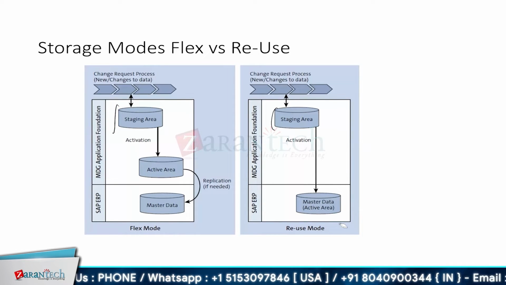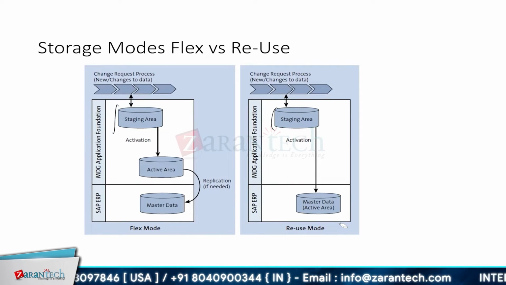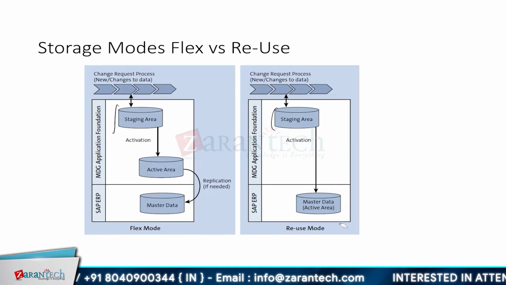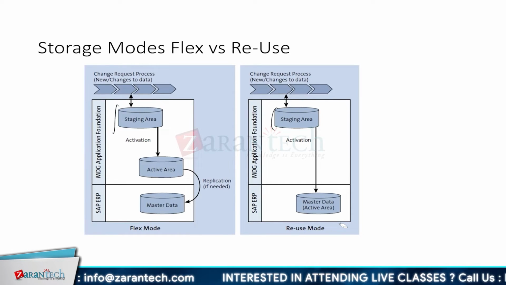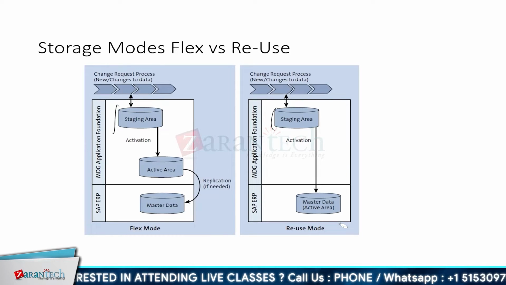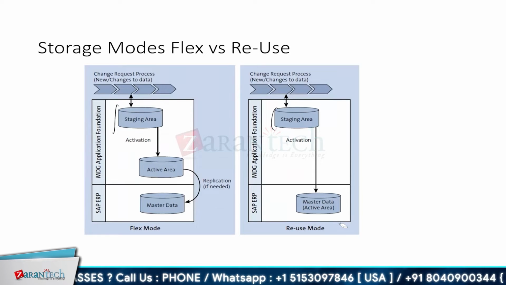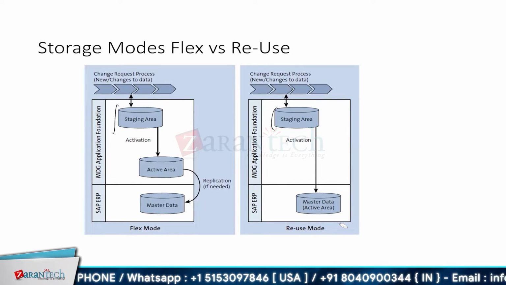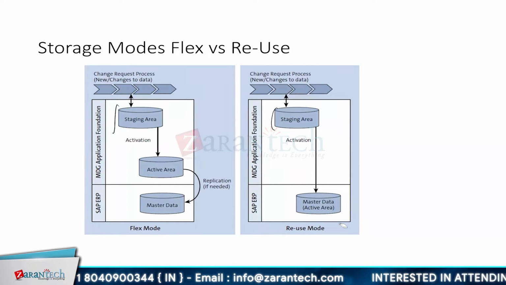Sorry, one other question. Can the standard objects still remain in the active area on the MDG side only, not moving to the ERP side, because we have chosen flex mode? Is that possible? On flex mode, finance objects definitely will remain on the MDG side.